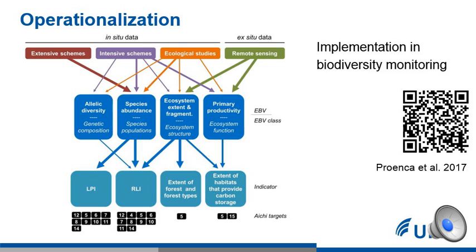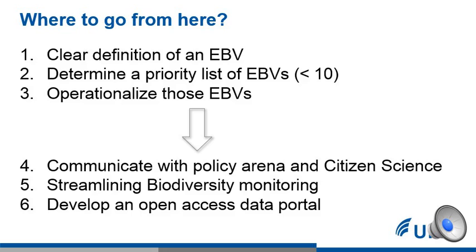And we need to continue this work on the EBVs to bring the complexity of biodiversity and the complexity of the bioclimatic landscape together. And for that, we also would need a very good definition of what an EBV actually is. We would need to come up with a priority list of EBVs, because you might be able to imagine that having 20 or more EBVs might first not be very sensible on one side, and secondly, it might not be feasible with the limited resources there are.